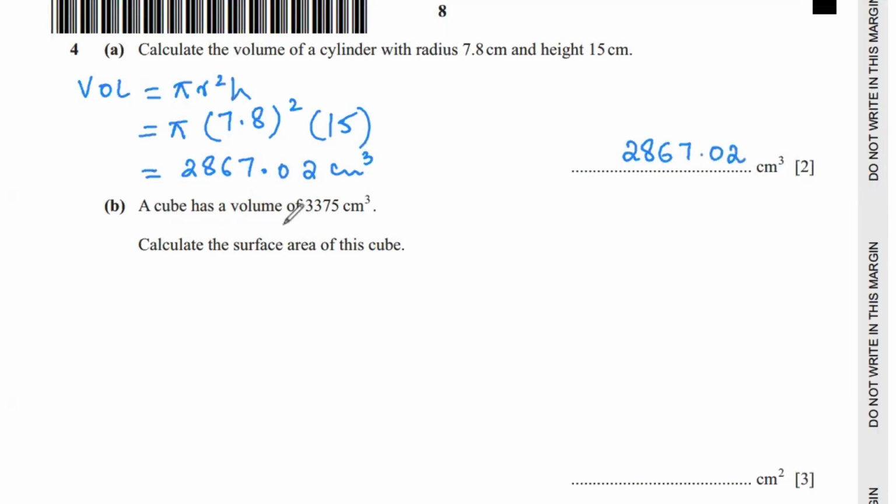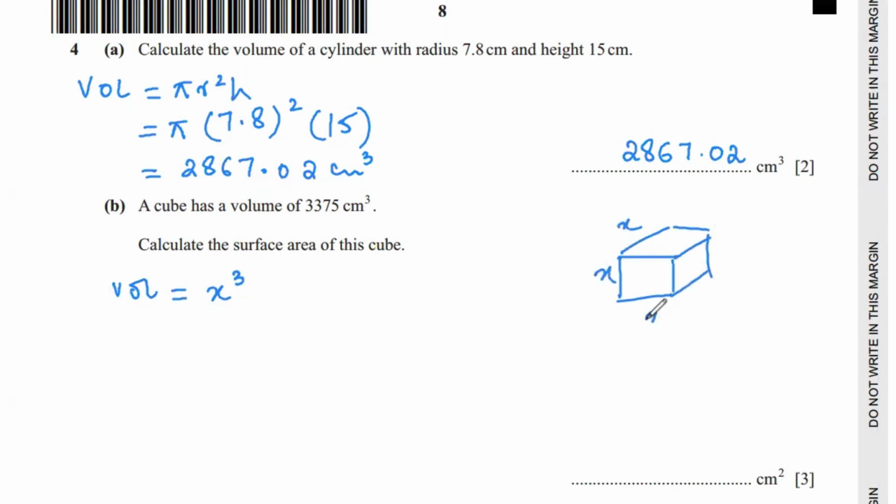Then part B says the cube has a volume of 3,375 centimeter cube. Calculate the surface area of this cube. So a cube has all square faces, which means the lengths are exactly the same. So for the volume, the cube has the formula of x cube, x being the length of the cube.